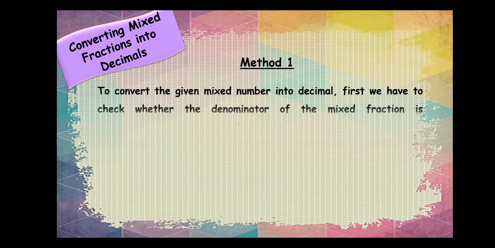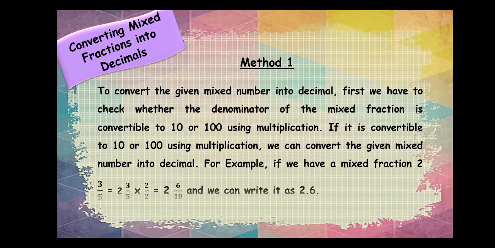In the first method, we have to look at the denominator of the fraction. If it is convertible to 10 or 100 by using multiplication, then we can multiply the denominator by a number and make it 10 or 100.